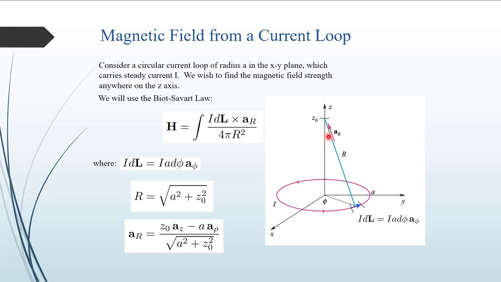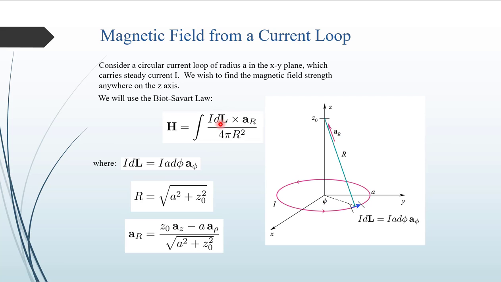Now after joining, this is our r and this is the ar cap unit vector. Then we can use again Biot-Savart law to find out intensity due to such kind of current element using the equation H is equal to integration of Idl cross ar cap divided by 4 pi r square.